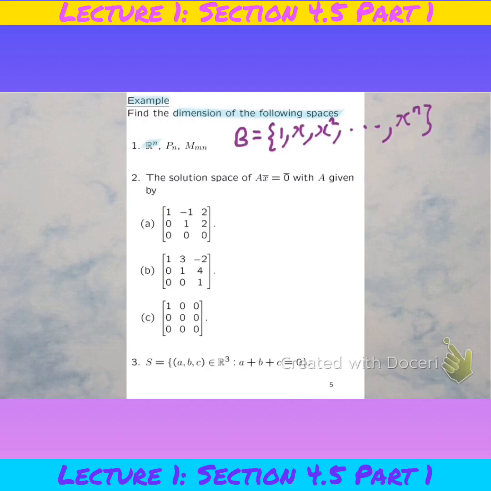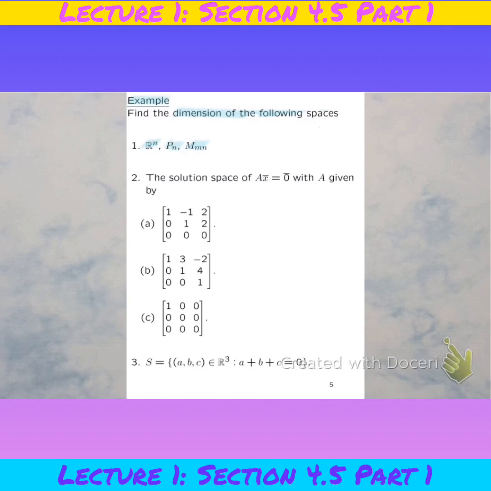Okay, so what is the dimension of the vector space M subscript mn? Again, look at the standard basis. The set M subscript mn is all matrices with m rows and n columns. So the standard basis there will be all matrices that have zeros everywhere, except for one position, and that one position has a 1 in it.